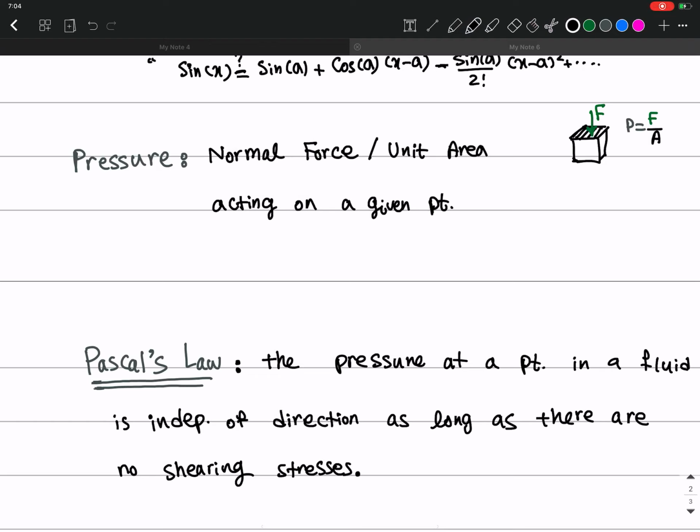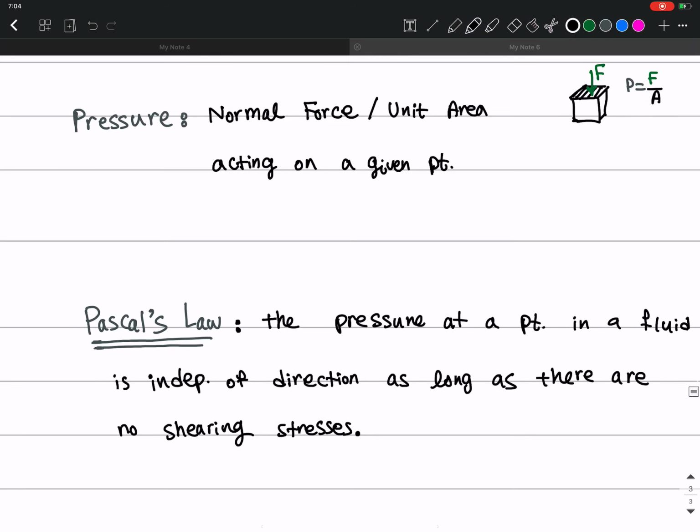So as long as there are no shearing stresses, then the pressure at the point in a fluid is going to be independent of direction. This is Pascal's law.